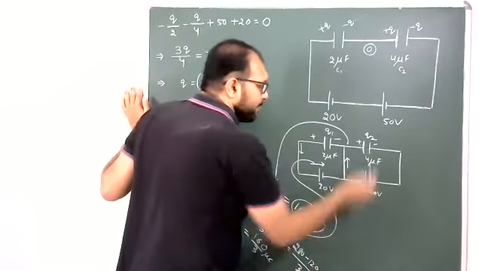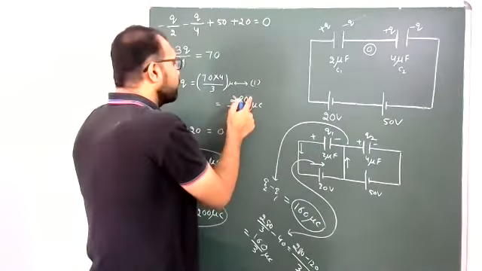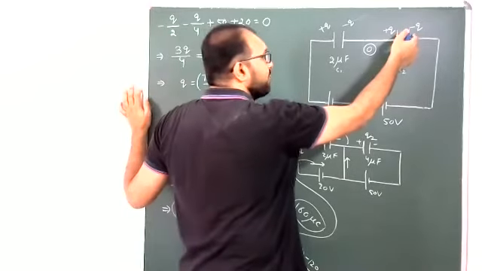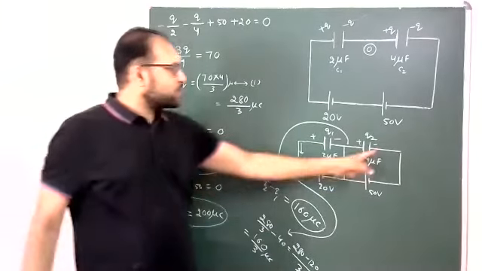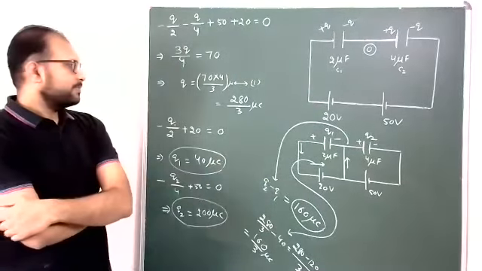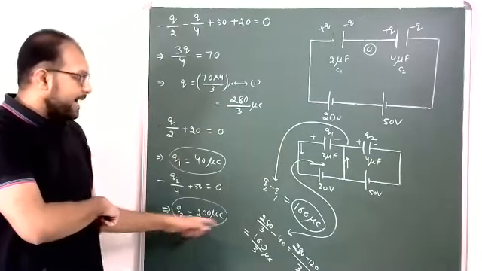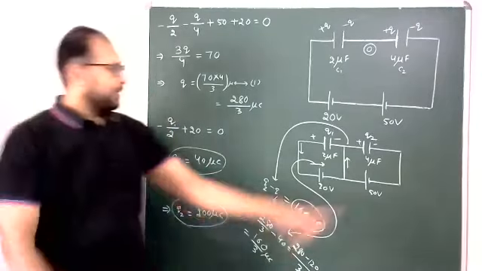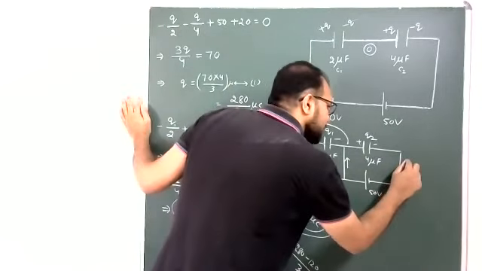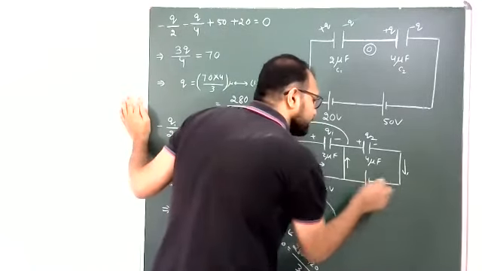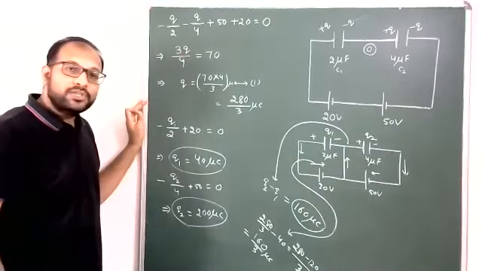Next, even here also: minus 280 by 3 microcoulombs previously, but right now minus 200. Minus 280 by 3 now becomes minus 200. This means the negative charge increased here, so positive charge moved in this direction. That also you can find.